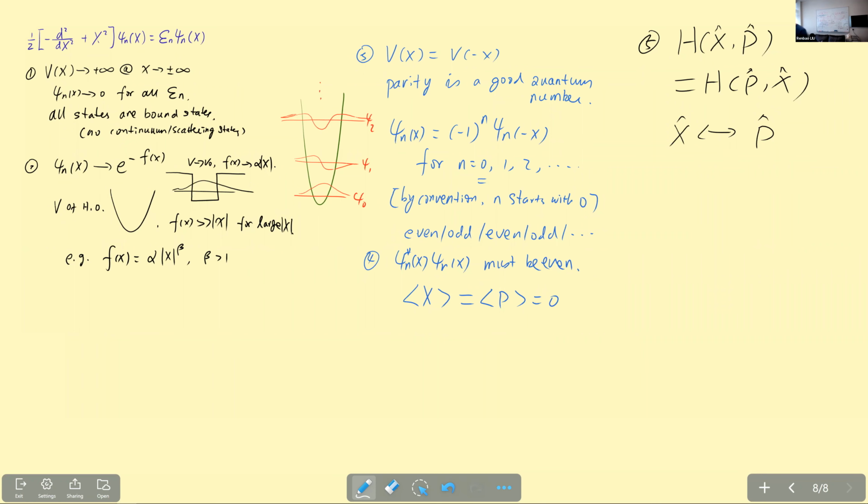So suppose you have the wave function in position space.